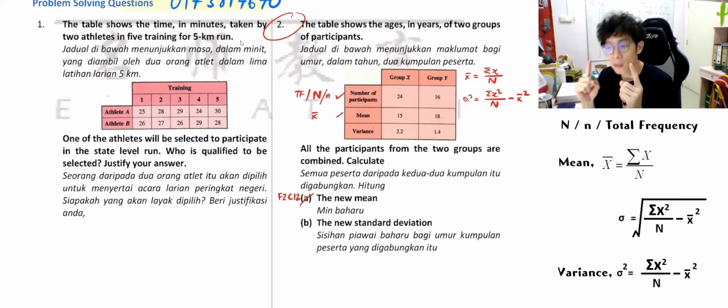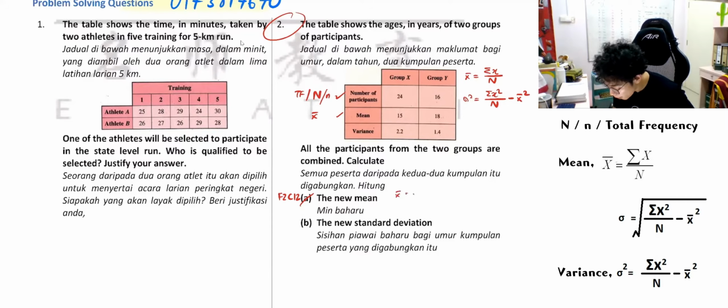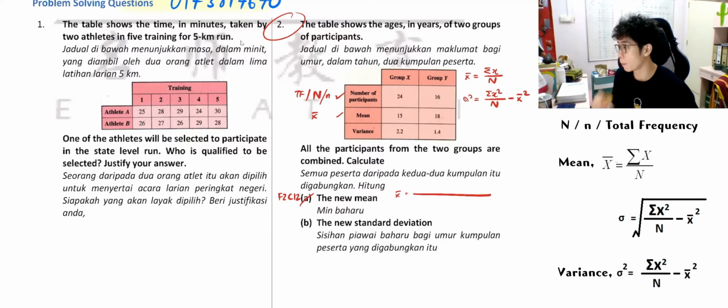I repeat, that will be the mean for these two numbers. But you are supposed to get the mean for all the group X participants and all the group Y participants. So for your new mean, you have to divide by a total of how many participants?